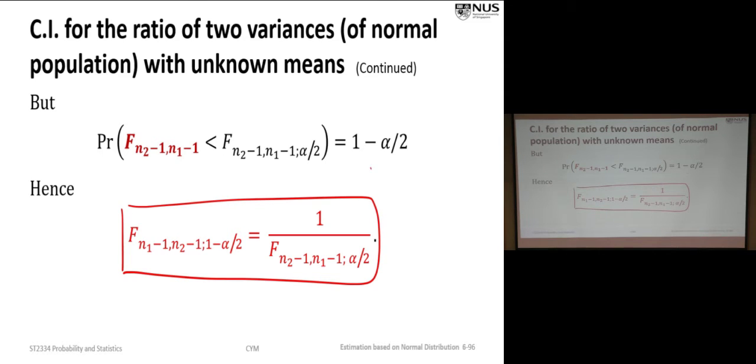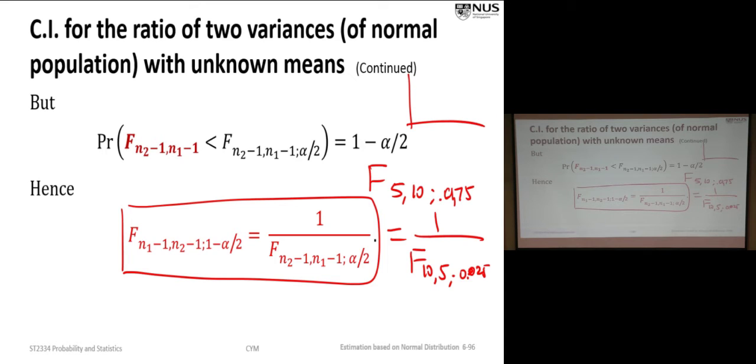In other words, F 5, 10 with 0.975, for example, is equal to 1 over F 10, 5 with 0.025. So this is the point for F 5, 10 such that the probability here is 0.975.